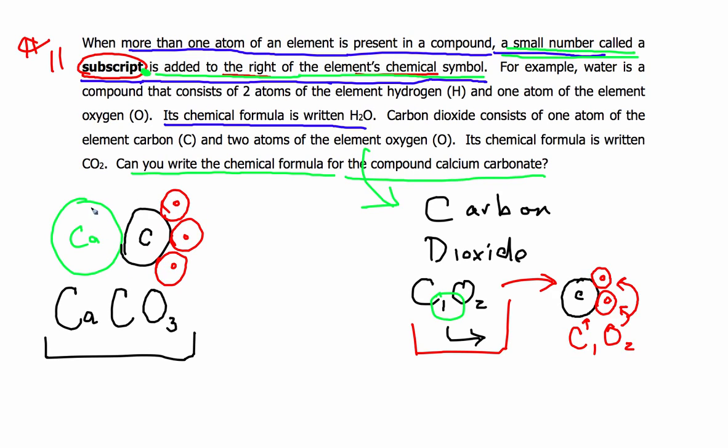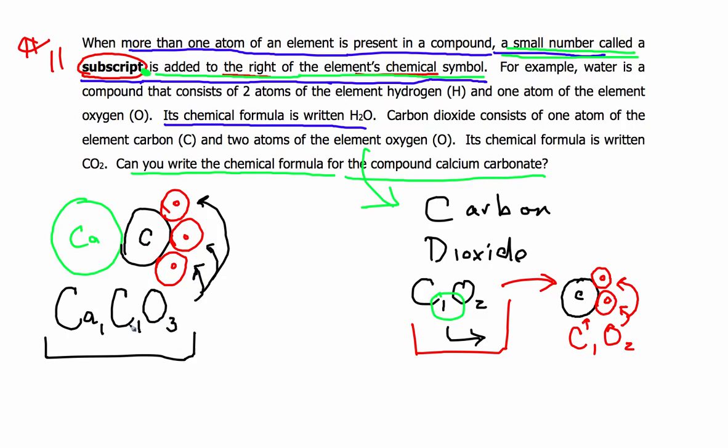This is what the atoms that the molecule would have in it. So since there's only 1 atom of calcium, I'm just going to put a little 1 right there. And since there's only 1 atom of carbon, I'm going to put a little 1 there so that every element has a subscript. You don't have to write them there. You would have to write the 3 there, or I wouldn't know that there are going to be 3 atoms in this molecule.